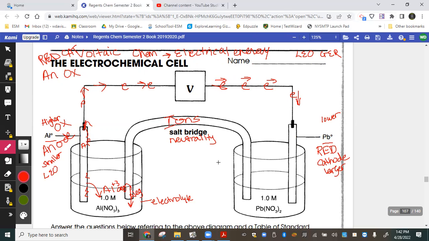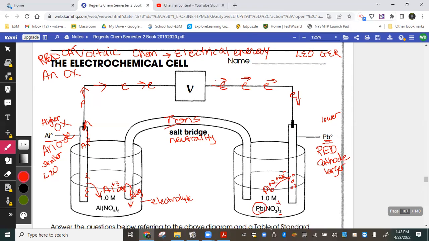And now here we have where reduction occurs. So it's not this 0 lead here that's getting reduced. It's actually this lead that's getting reduced, because this is where the electrons are gained. So our electrons are coming into here, and then there's this lead that is +2, and I know that because each nitrate is -1 from table E. And so this +2 is going to gain electrons, plus those 2 electrons, and then it's going to start building up over here.